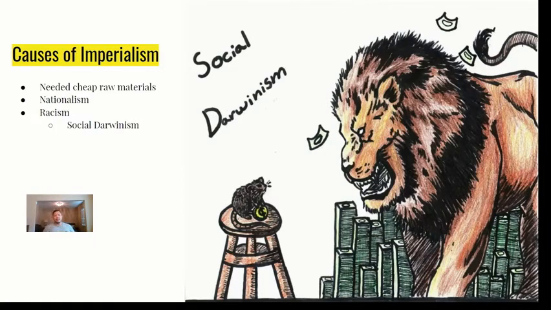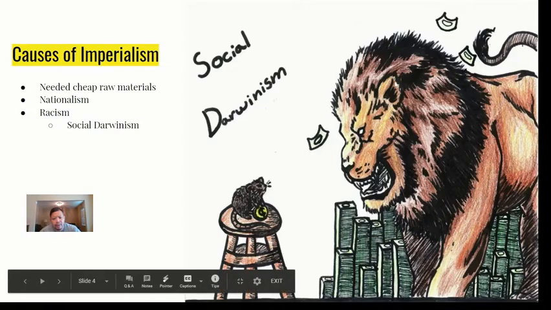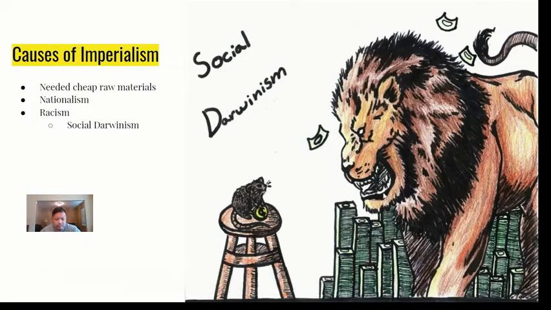Now, you probably heard of Charles Darwin in science class and his idea of only the strong will survive. And Charles Darwin's idea is about species. Obviously, if you look at this picture here, the big bad lion will survive because he's stronger than this little mouse right here. Okay, so it makes sense.